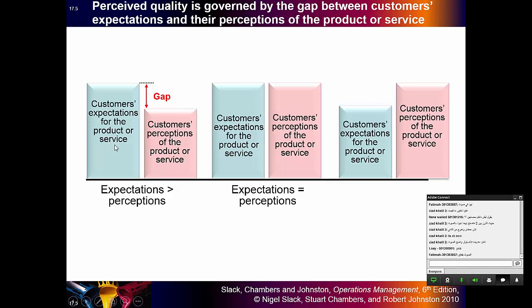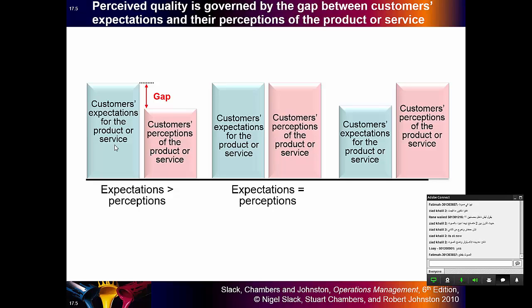The first issue is related to customer expectations for the product or service, and this expectation is developed before using the product or service. The customer has some expectations about this product or service before using it.